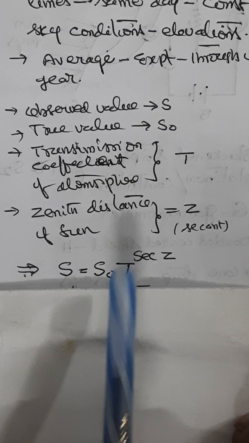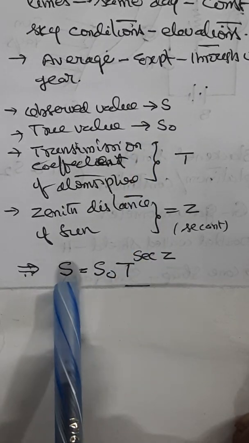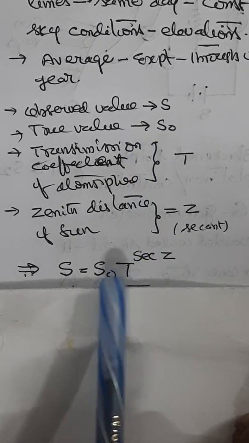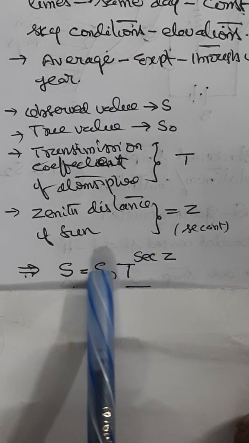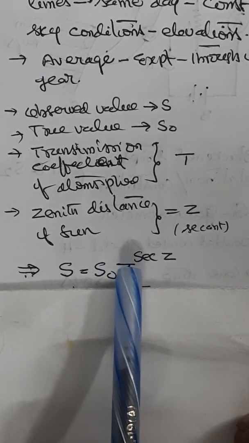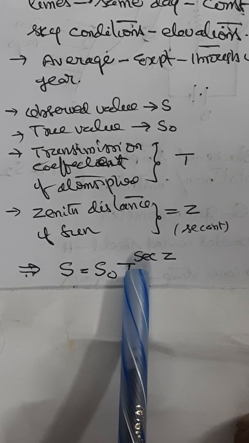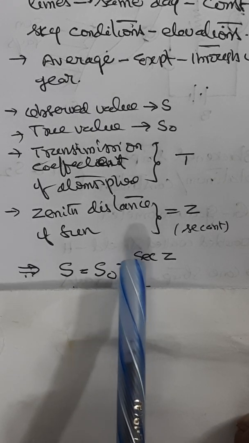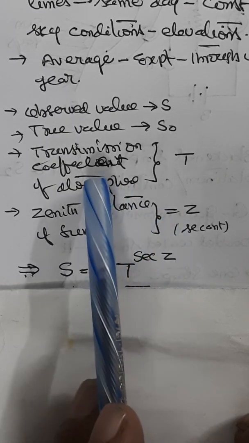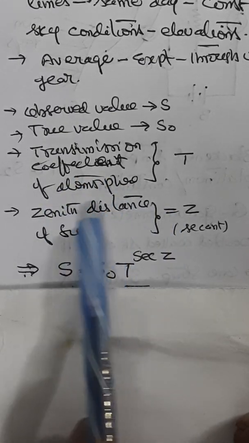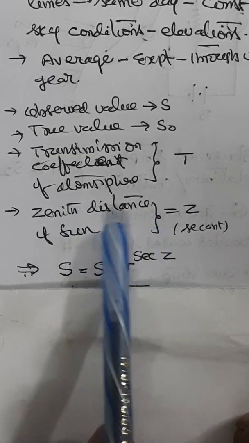These observed and true values S and S0 are connected by the relation S equal to S0 into T power sec Z, where T is the transmission coefficient of the atmosphere and Z is the zenith distance of the sun. Zenith distance of the sun is nothing but angular altitude.